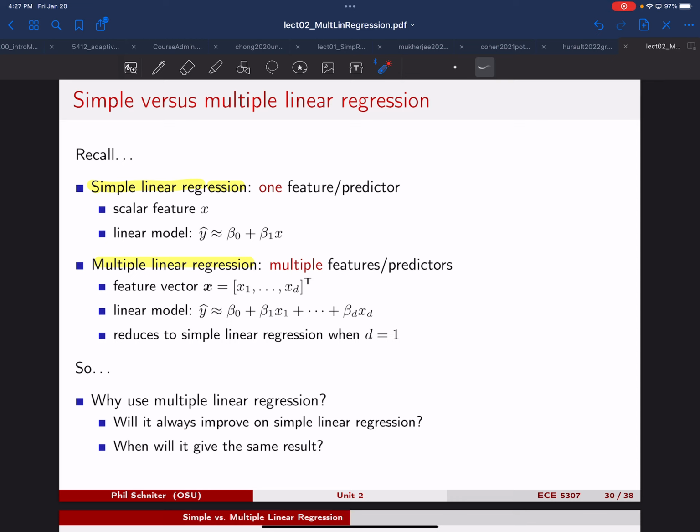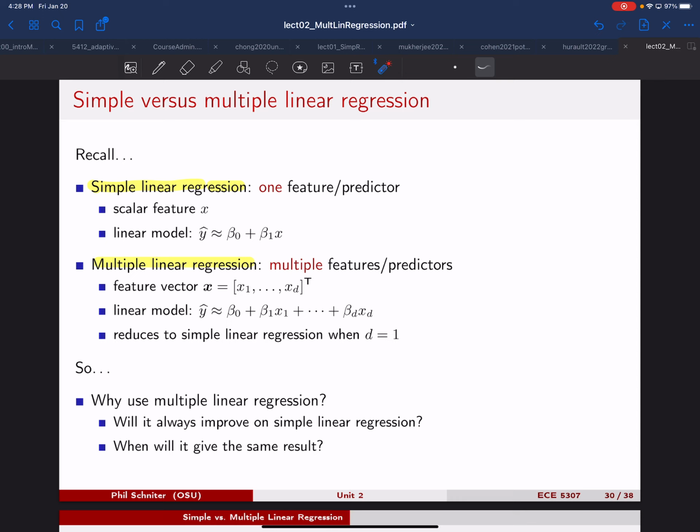Okay, so what's actually a key thing that we've been a little bit vague about is: better in what sense? Let me try to clarify this. If I ask you, based on training data performance, RSS on the training data, is it going to be better to use all the features or maybe not?